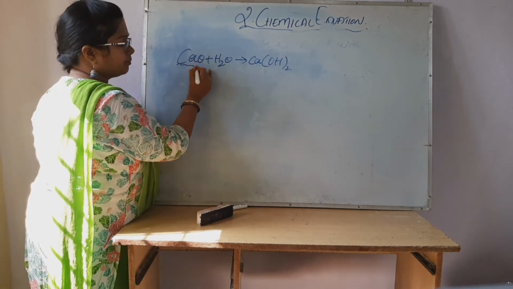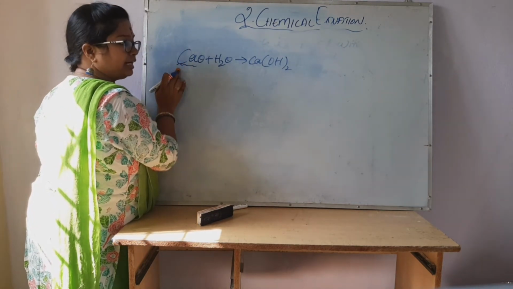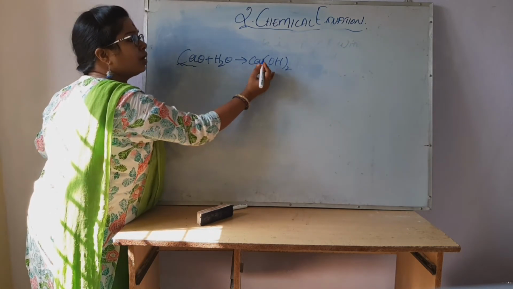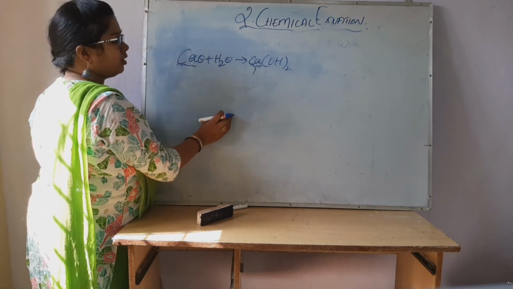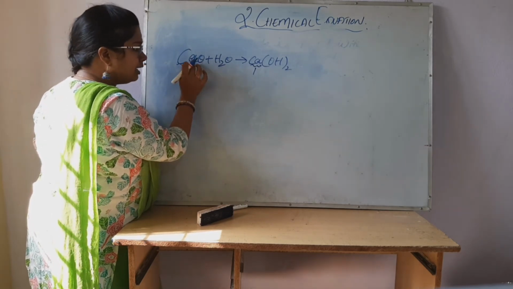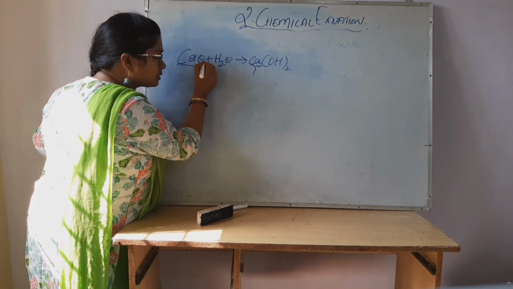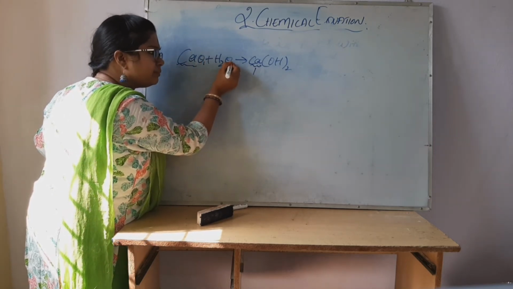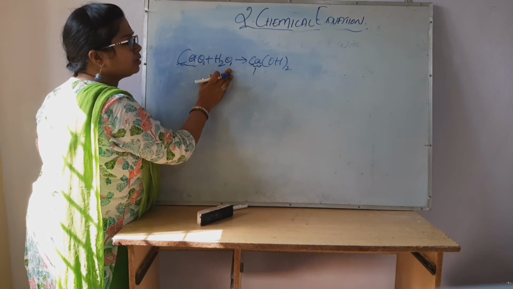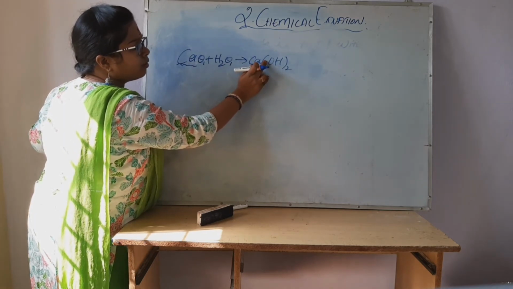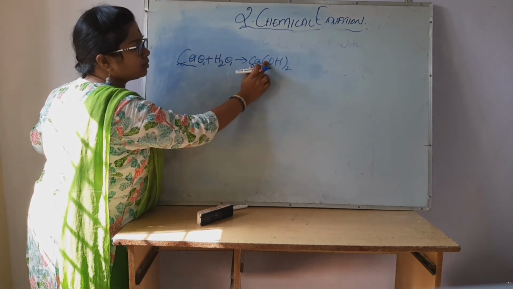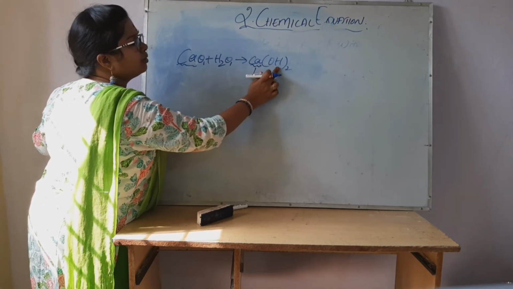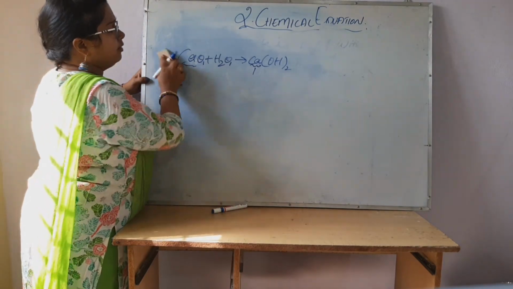Only 1, on the reactant side. Those many calcium should be in the product also. Here also 1. Done. Oxygen: here 1. If nothing is there for the subscript, it means 1. Here also O is there, 1 plus 1, 2. Here this 2 belongs to this O also. So oxygen 2, done. Hydrogen 2, 2, done.